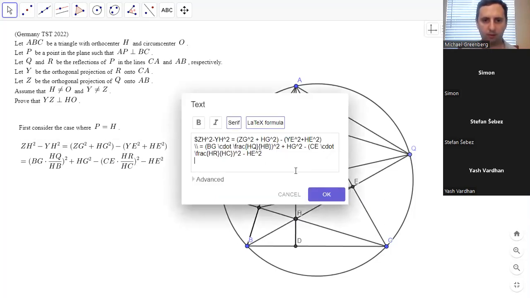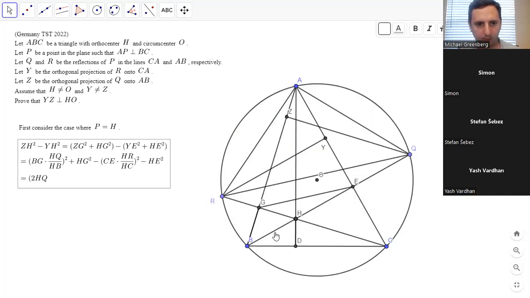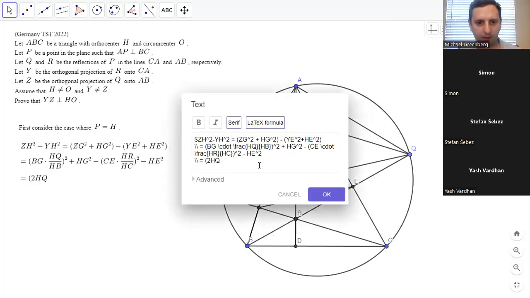So that is equal to, so HB, BG and HB. No, so this is 2HE sine A squared plus HG squared minus 2HG sine A squared minus HE squared.